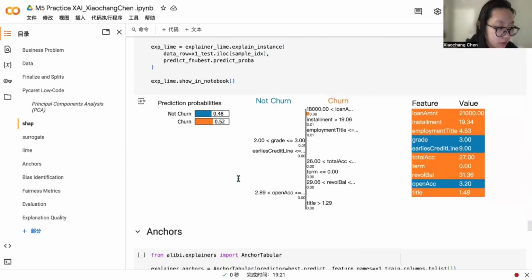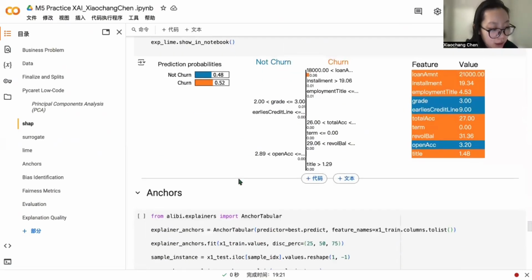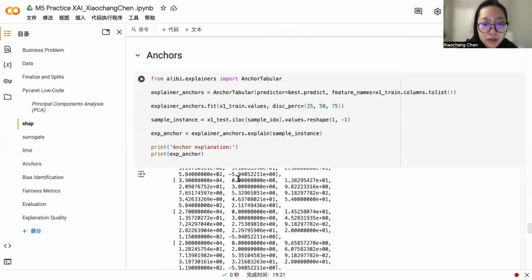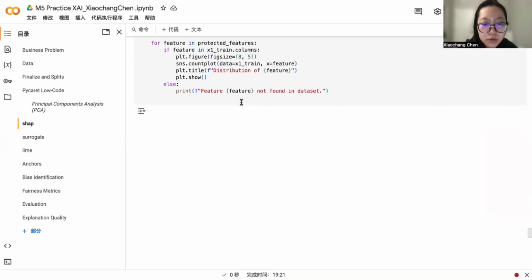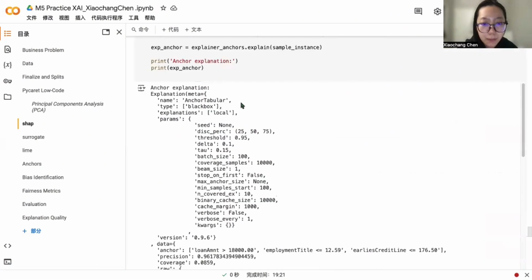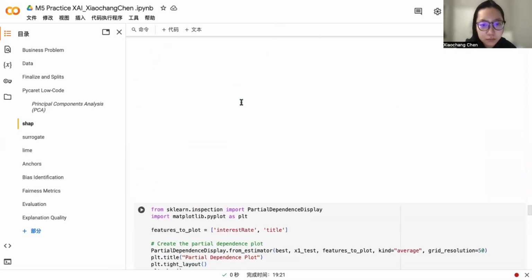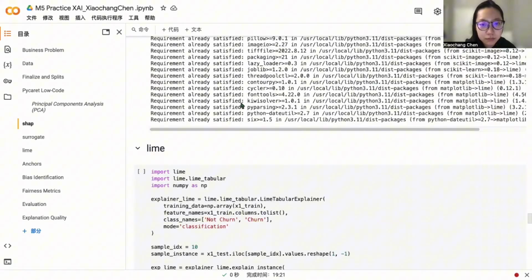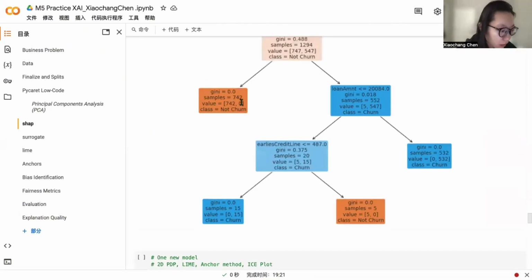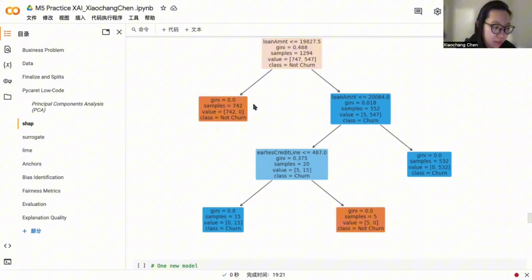Number four, decision tree surrogate model. Let me show you. It's mimicking our model's decisions. To simplify things further, we trained a decision tree surrogate model to see how our main model is making decisions.